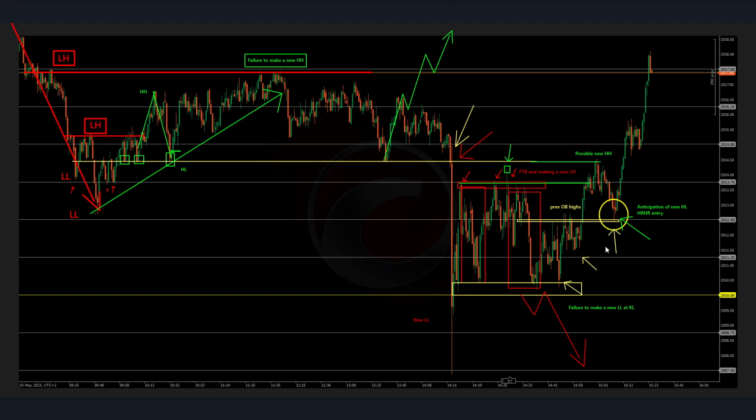Like this. Of course, the safest entry would be when we are making another clear new higher high with multiple retests.